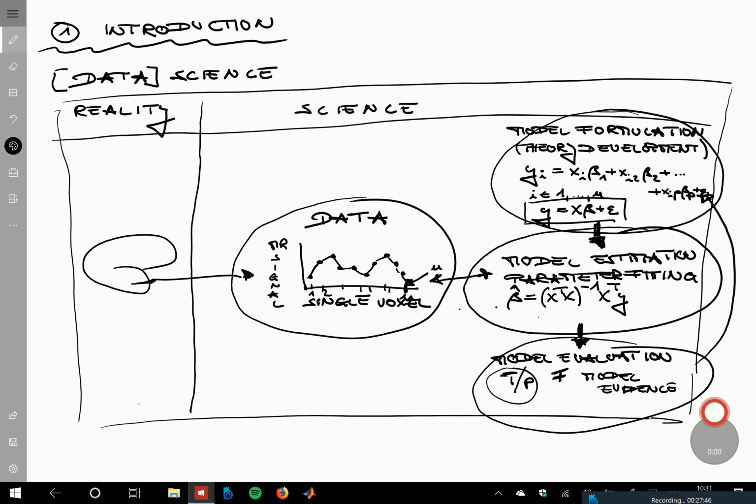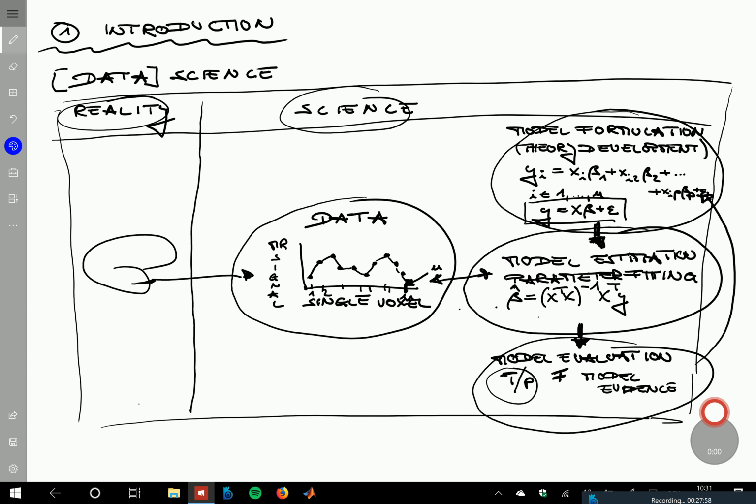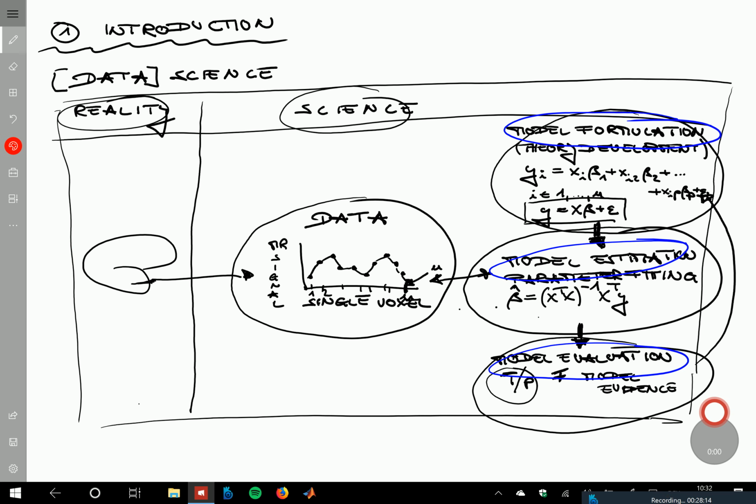Yeah, so what I'm trying to tell you here is that on the one hand there are these very general components of science and dealing with the data in general, namely these steps: model formulation, model estimation, model evaluation. And on the other hand, they can be specific, for which I now use red and make the whole thing more messy.